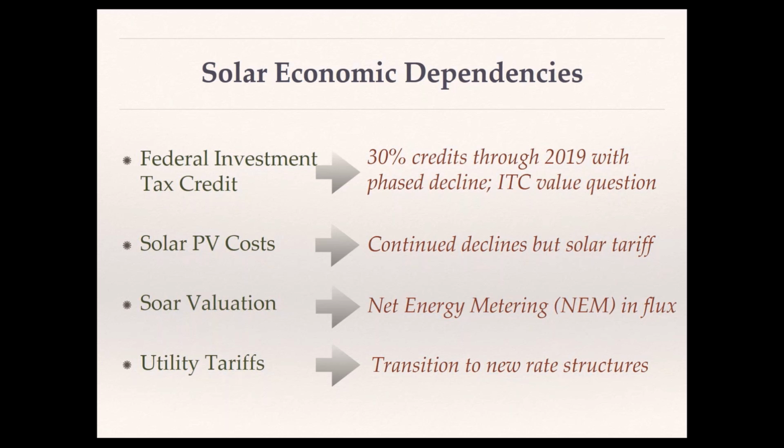And solar works within multifamily markets really because of the peak period pricing, the compensation values provided under NEM. However, in 2017, there were 66 rate cases in 31 states that provided proposed revisions to solar value and NEM rules, which is an important issue.